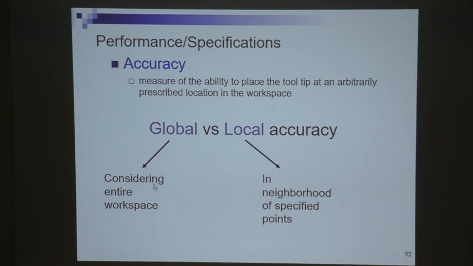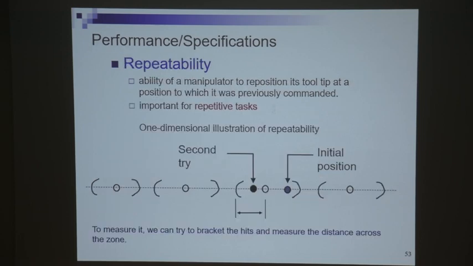For global accuracy, you consider the entire workspace. For local accuracy, you only consider the neighboring specified point. It's quite straightforward actually. So you have resolution, and accuracy goes to half times the spatial resolution.